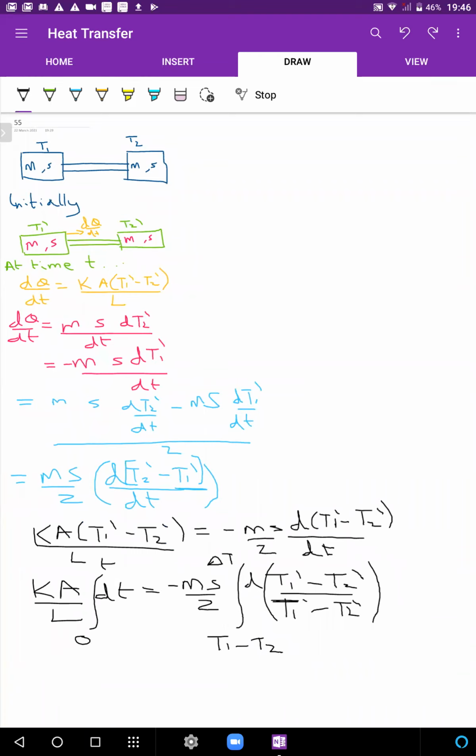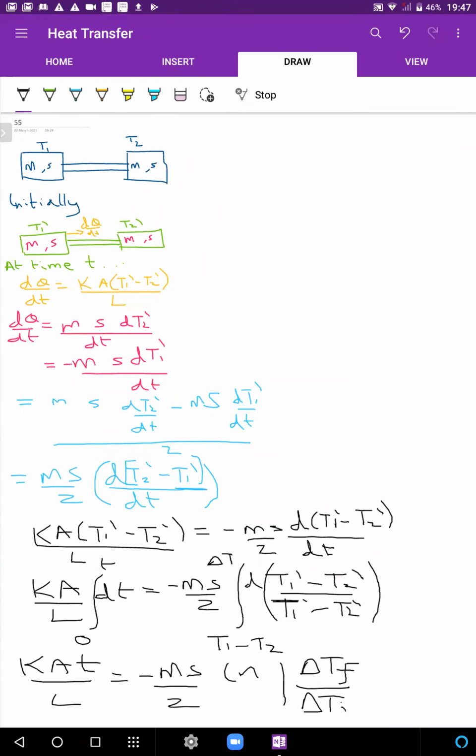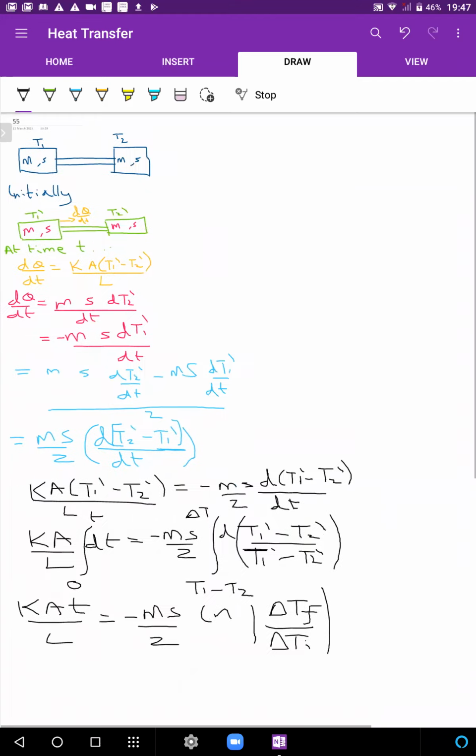This will give the answer that KAT by L is minus MS by 2 ln. You can even write this as delta T final upon delta T initial. And you can take minus MS by 2 to the other side.